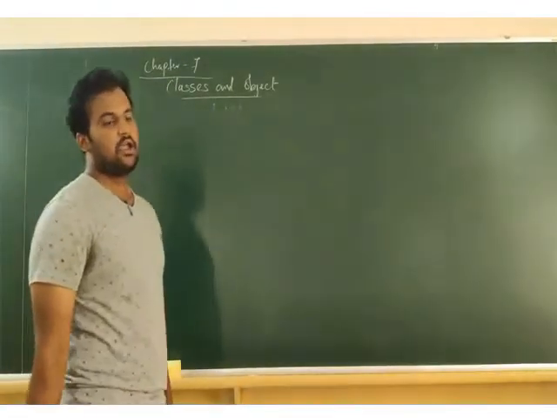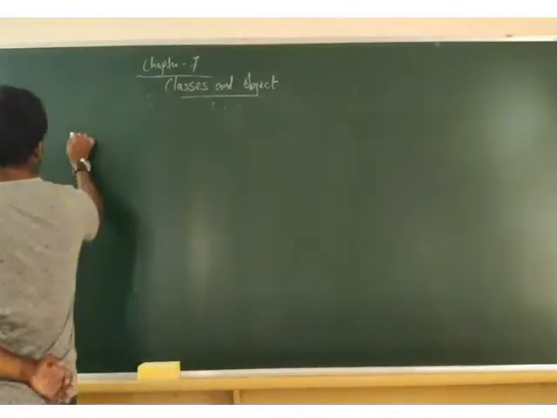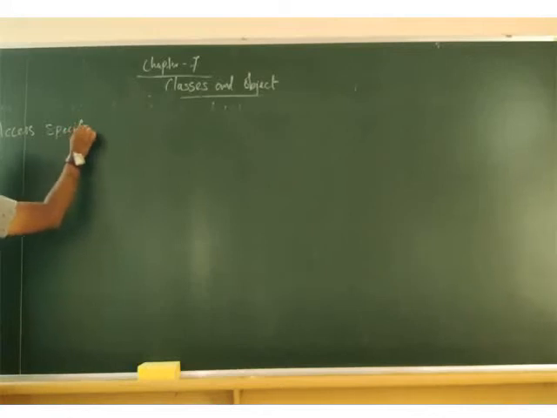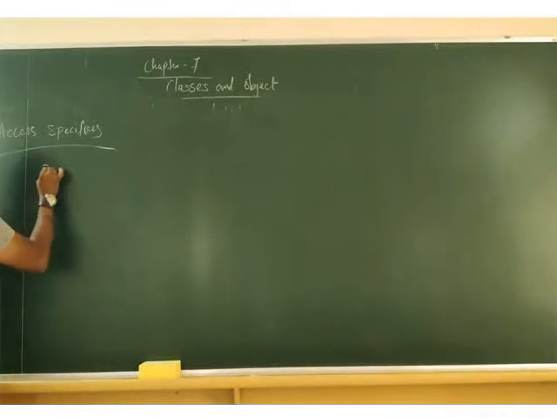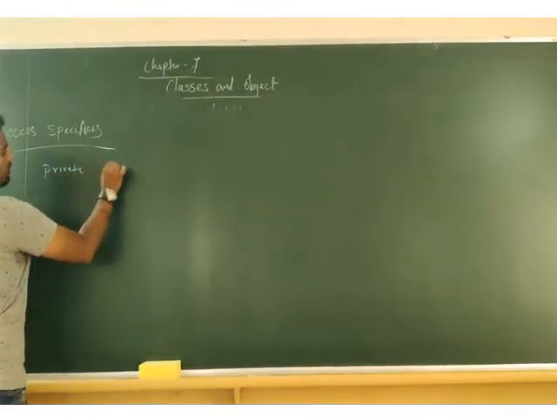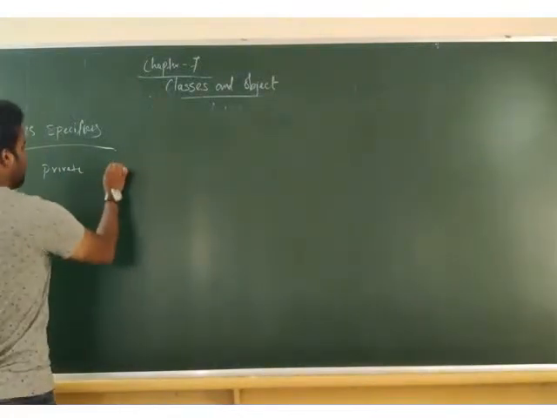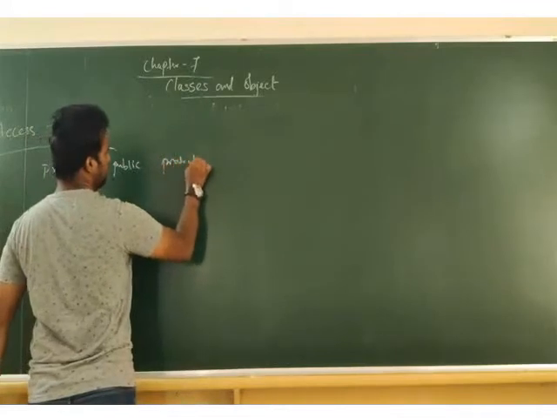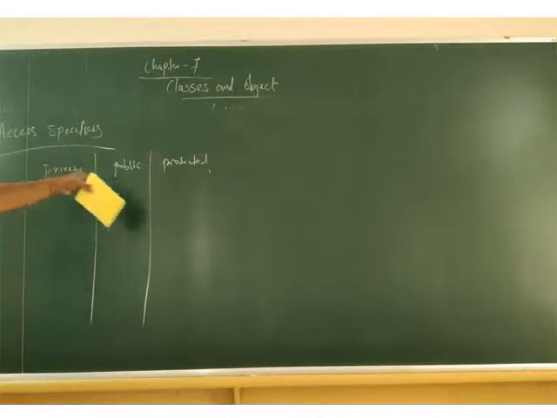Next comes access specifiers. What is that? Just now I have told you about access specifiers. There are three types of access specifiers: private, public, protected. We all know private, public, protected.